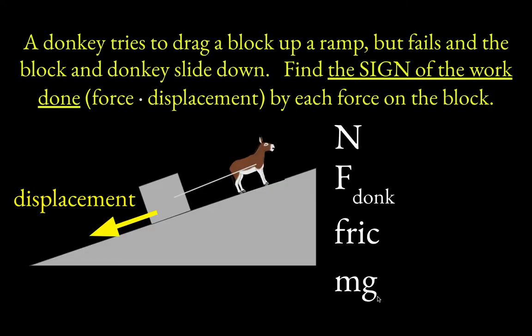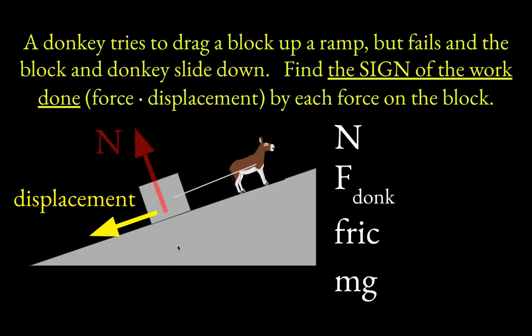Now, where do these things show up, say, in physics? Let's look at a specific case here. It says a donkey tries to drag a block up a ramp, but fails, and the block and the donkey slide down. Okay, so everybody's sliding down. What we're supposed to do is find the sign of the work done by different forces. It turns out on this block, there are going to be 4 different forces.